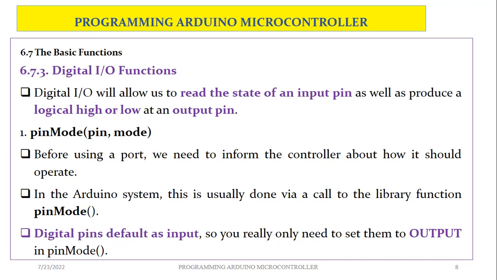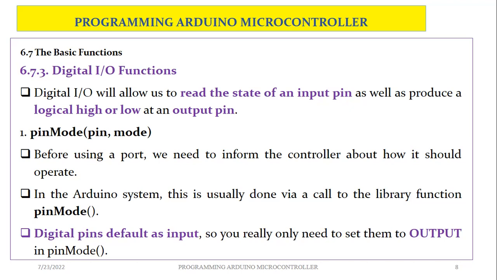So there are three main functions that we use under this category of digital input-output functions. The first one is the pin mode function. The second one is the digital write function, and the third one is the digital read function. So I want us to go through these functions briefly, and then we will take a look at an example.